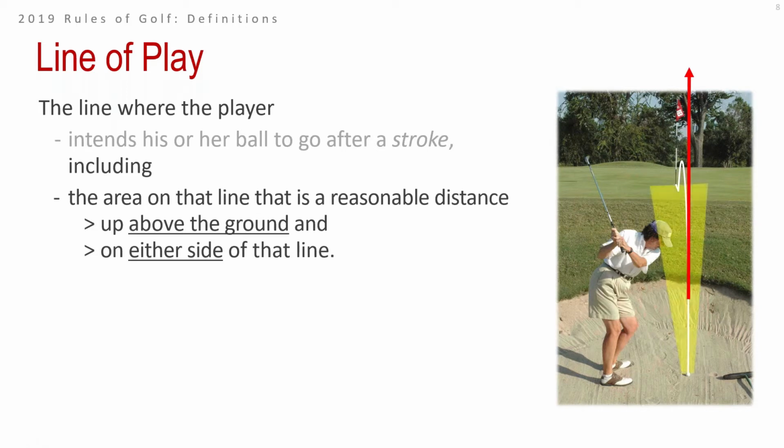It includes the area on that line that is a reasonable distance above the ground and on either side of that line. So we have that little yellow cone that surrounds the line there. That's a reasonable distance for this player. That includes the line of play. For other players, the cone may be a little bit wider, depending on the shot and their skill level. And for very skilled players, that cone may be a little bit smaller.